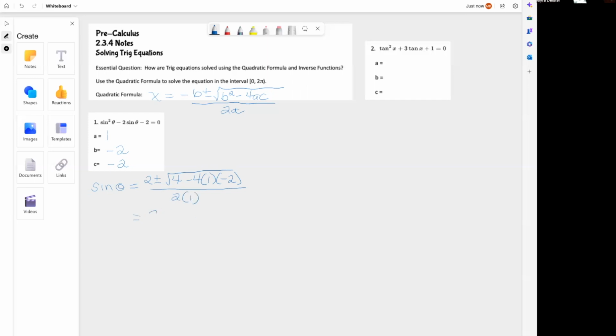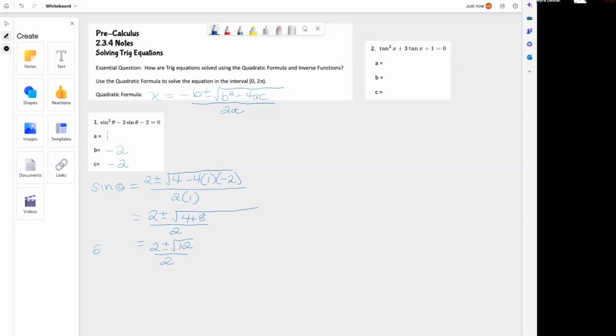So that will be 2 plus or minus the square root of 4 plus 8 over 2. That equals 2 plus or minus the square root of 12 over 2.